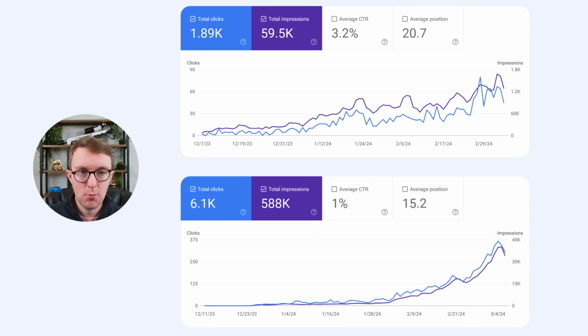So now we have two more sites that I would classify as having reached escape velocity. These sites are starting to get, in a 3-month period, generally over 1,000 clicks. So the one on top here has a little under 2,000 clicks for the 3-month period.